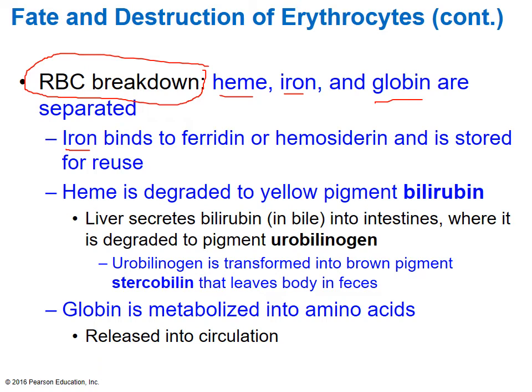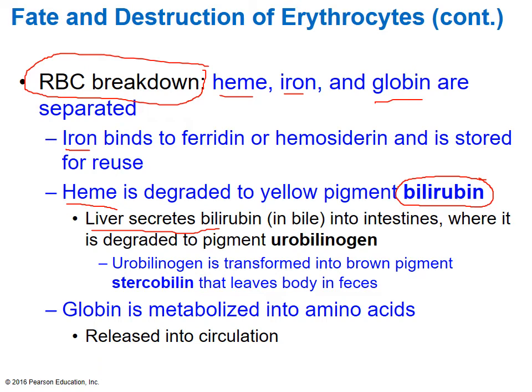The heme, that's your pigment, tends to be degraded to more of a yellowish pigment, and that pigment is called bilirubin, and it gets its name because it's excreted by the liver. So the liver will pick up the heme and recycle it into bile, and it will then produce more of the yellowish bilirubin.